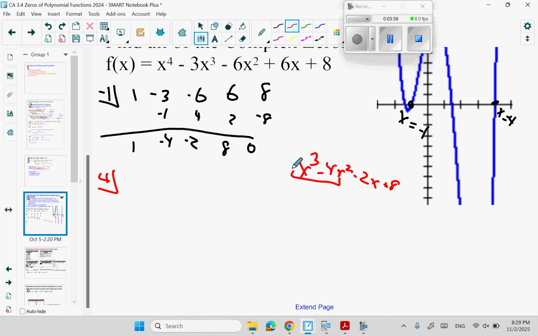x cubed minus 4x squared minus 2x plus 8, you could factor by grouping. So take out an x squared, x minus 4, take out a negative 2, x minus 4. We're going to get x squared minus 2 and x minus 4. Since I'm synthetically dividing with x minus 4, I should end up with x squared minus 2. Let's take a look.